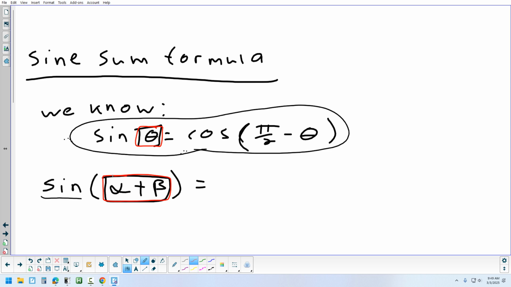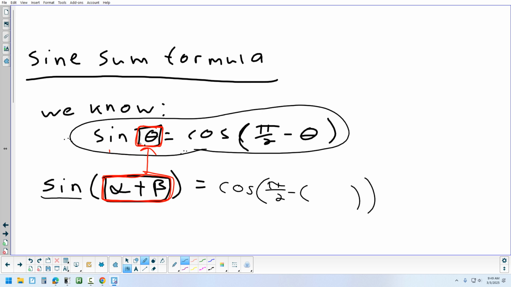So I want to apply this identity, but instead of plugging that in, I want to plug that in right there. And that's going to turn this from a sine. Tell me what would be on the right side if we do that. Yep, pi over 2 minus alpha minus beta. Right. When you change a sine to a cosine, it's pi over 2 minus whatever you had right there.